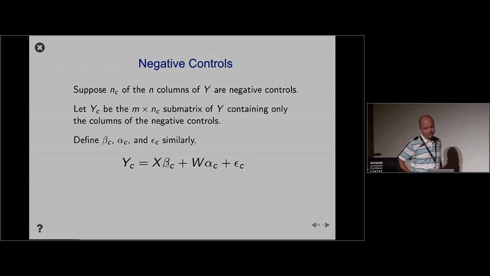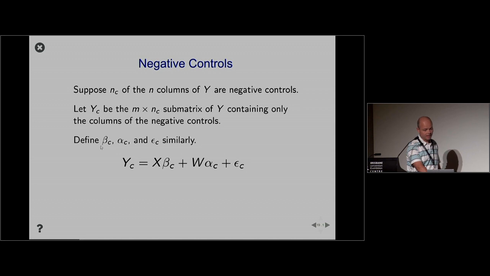So here's the idea. Suppose that we have a number n sub c of negative controls. In this case, we can think of spike-in controls, 33 in our case. And we're going to let y sub c be the m by n sub c submatrix of y containing only the columns of the negative controls. And we're going to define beta sub c, alpha sub c, and epsilon sub c similarly.